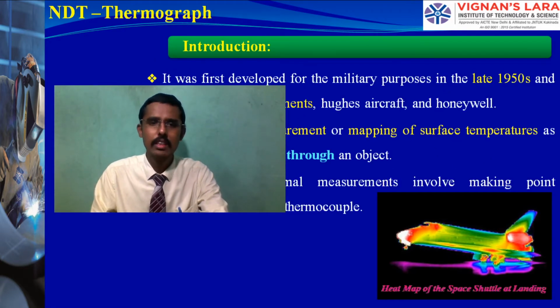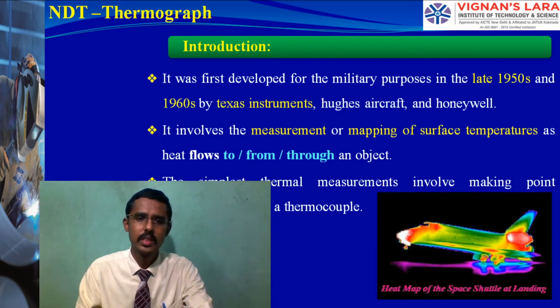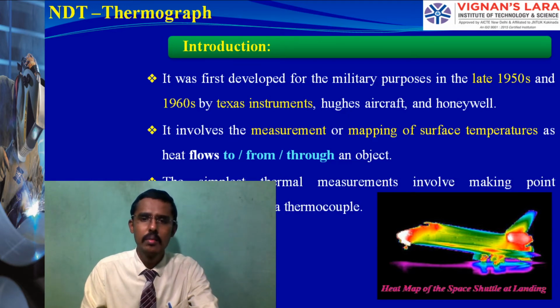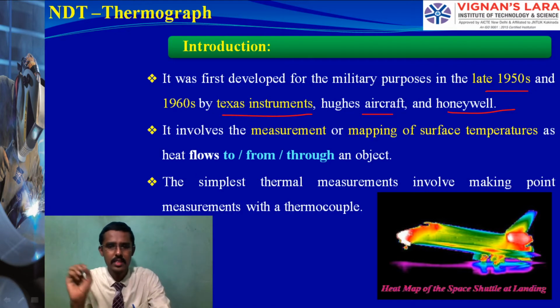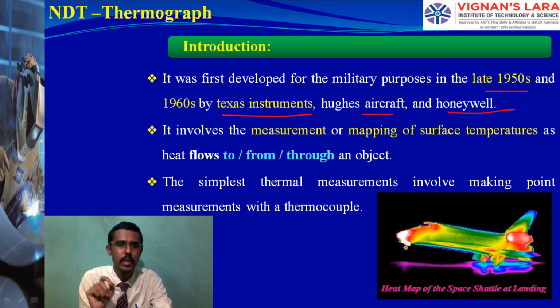It was first developed for military purposes in the late 1950s and 1960s by Texas Instruments, Hughes Aircraft, and Honeywell. It involves the measurement or mapping of the surface temperatures. Mapping is nothing but a classification, where in this spot, this spot, this spot we are going to identify; that is called mapping.